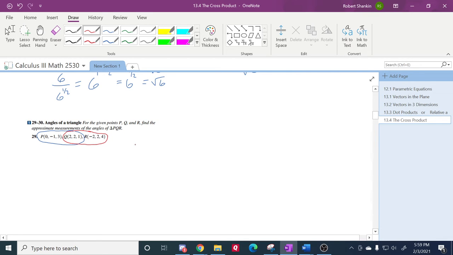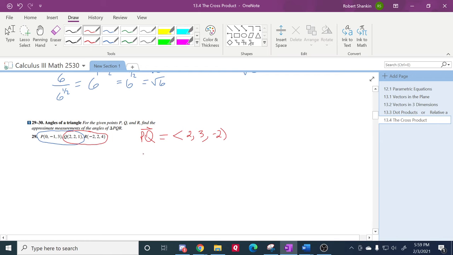Assuming P and Q, the vector that goes from P to Q is destination minus initial. So it's 2 minus 0, 2 minus negative 1, which is 3, 1 minus 3, which is negative 2.